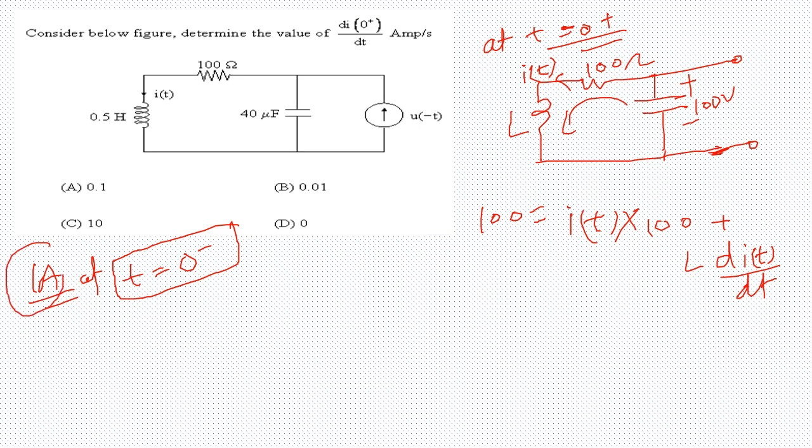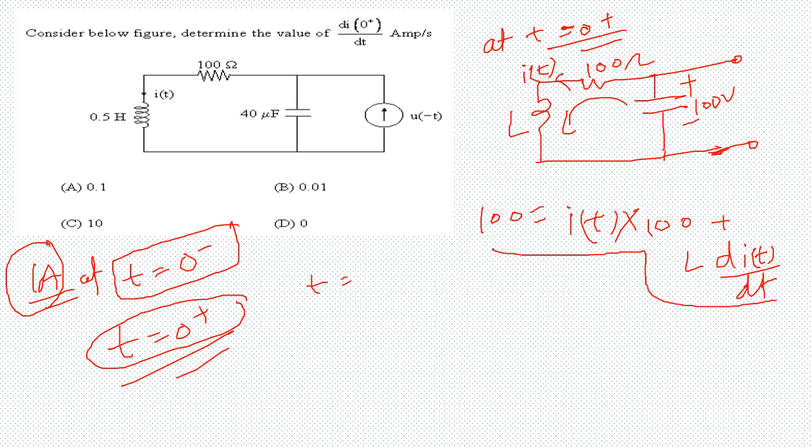The current is going to be the same at t equals 0 plus because the current cannot change instantly. Hence, if I write this equation for t equals 0 plus, then 100 equals i at 0 plus into 100 plus L di by dt at 0 plus.